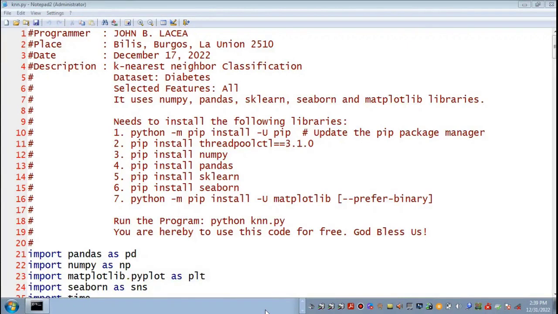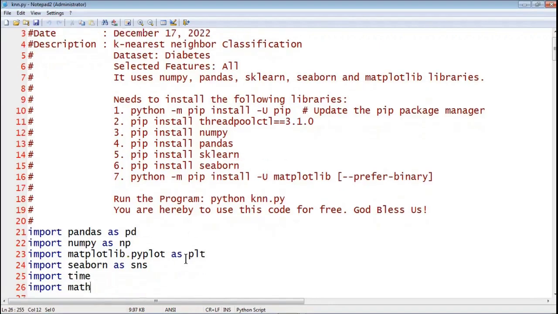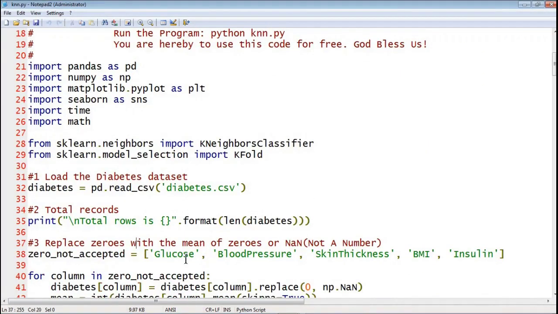These are the codes for the K-Nearest Neighbor classification written in the Python programming language. At line number 32, it will load the diabetes dataset. At line number 35, it displays the total records.